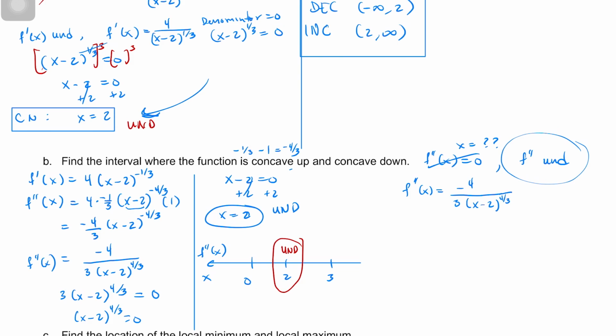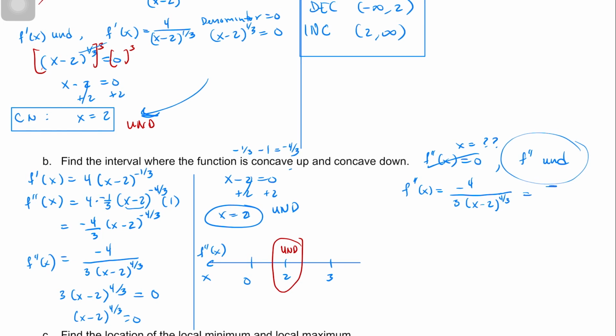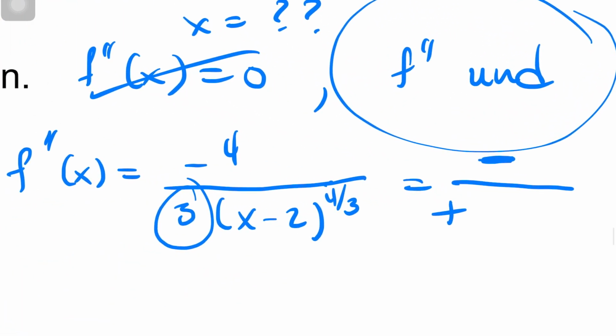Okay, so again, I want to show you guys how to be more practical, to use some techniques that you can use. Again, so if you notice here, negative 4 is going to be a negative number no matter what x is, right? 3 is going to be a positive number no matter what x is. And if you notice here, this is the interesting part. This here has a cube root, but it has a fourth power.